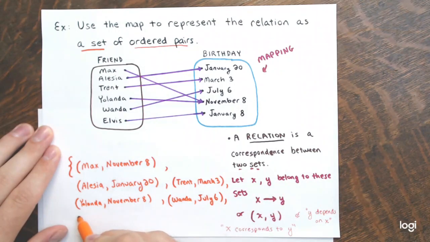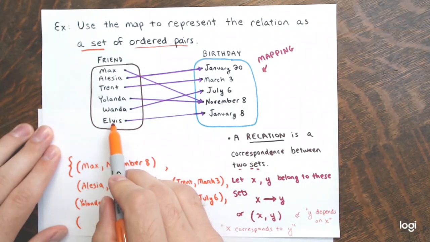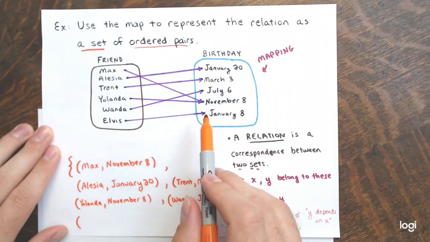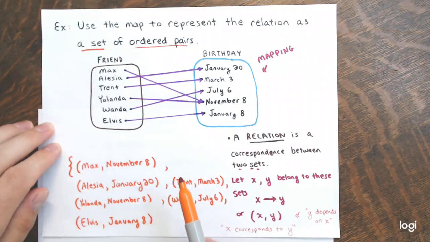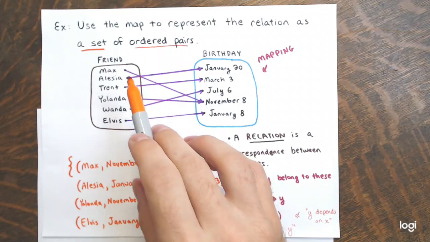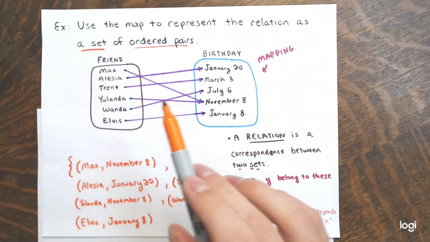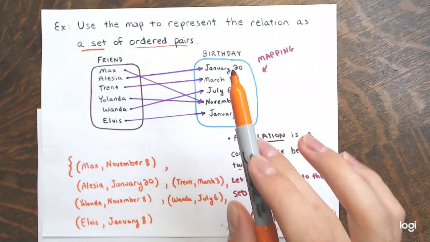And we have one last ordered pair here. Elvis from the first set corresponds to January 8th from the second set. So I have the ordered pair Elvis, comma, January 8th. And that's it. Those are all the relationships between elements in this set of friends and elements in this set of birthdays.